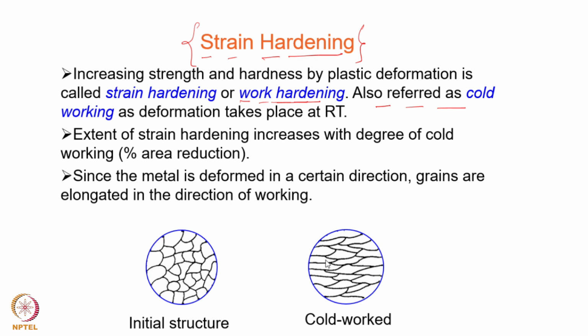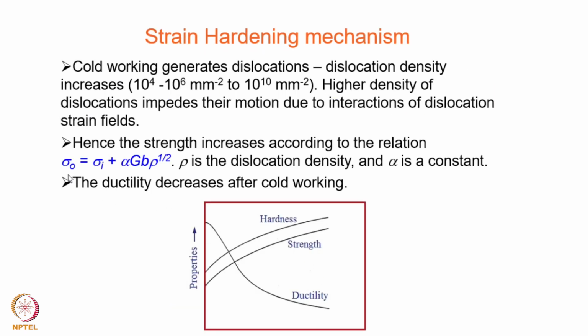But apart from that, it will also activate the dislocation sources, or the Frank-Read sources as we call them, and a lot of dislocations will be generated. So you can expect the dislocation density to increase. Okay, and now if you look at the relationship between the strength and the dislocation density rho, it goes by this particular equation that you see over here.